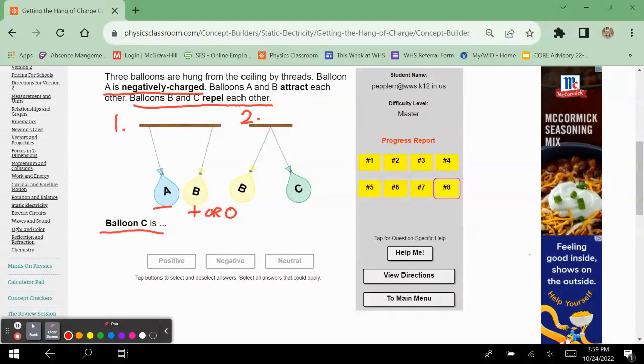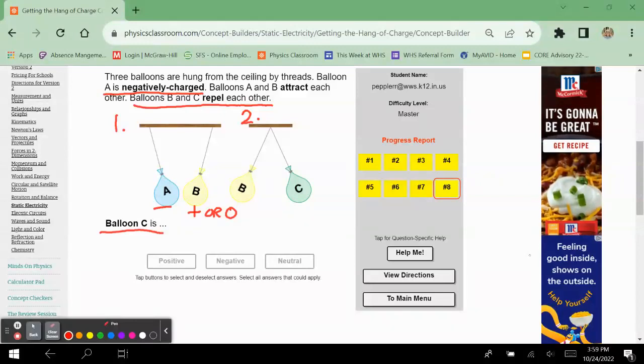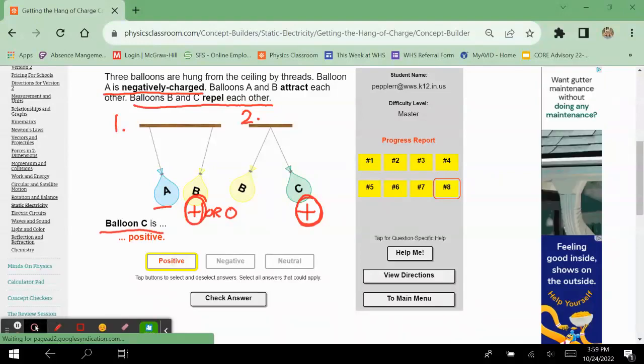Neutral charges only attract charged objects. They don't repel anything. So what that tells me is B is definitely positive because neutral objects will never repel. And that means that C is also positive because it's repelling the positive charge of B. Okay, so then I choose positive there.